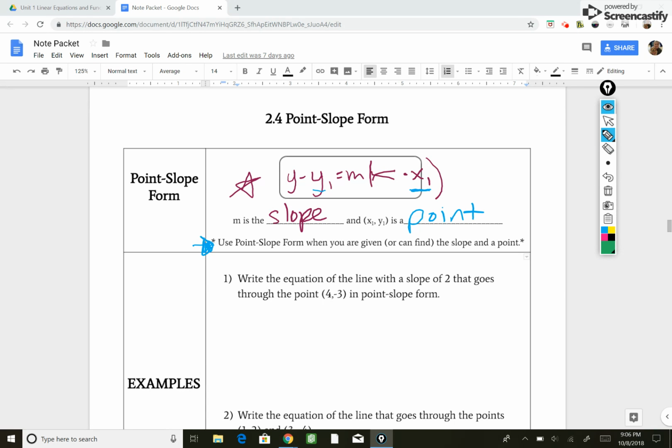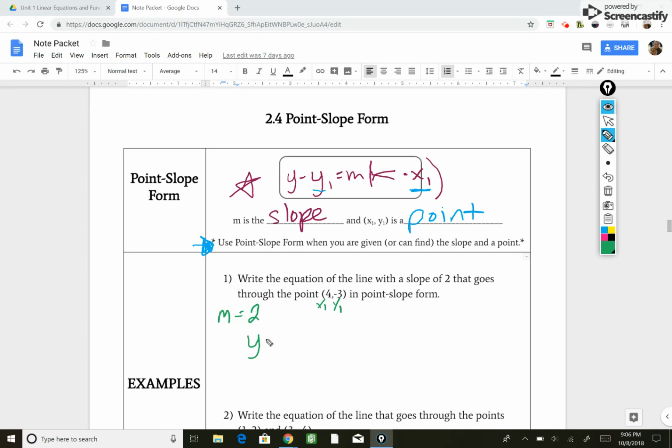So for the first problem, this is: write an equation of a line with a slope of 2 that goes to the point (4, -3). So m would be 2, because that's my slope. And then 4 is the x1 and -3 is the y1.